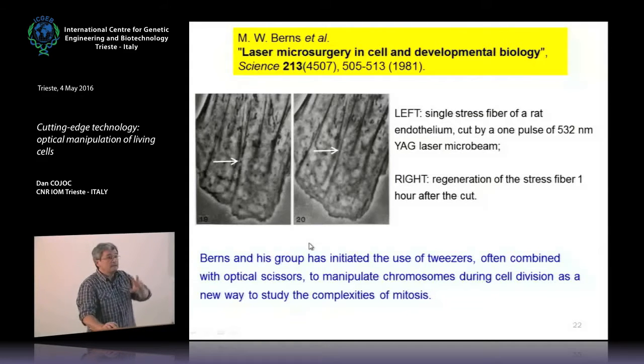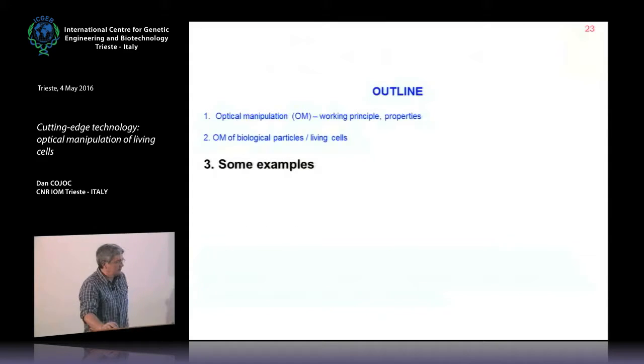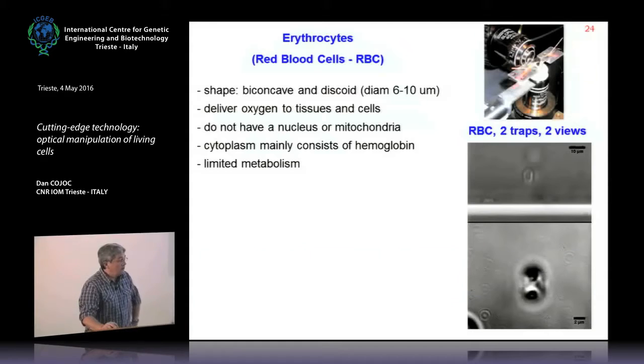I do not have time, but in the material that you have, there is more information about groups from IIT using laser ablation on neurons, for instance, to cut neurites and to study the regeneration of axons and neurites and so on. Okay, some examples. We go back to red blood cells that we showed at the beginning.